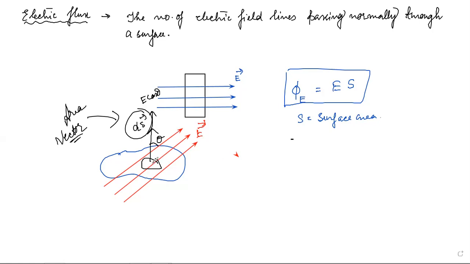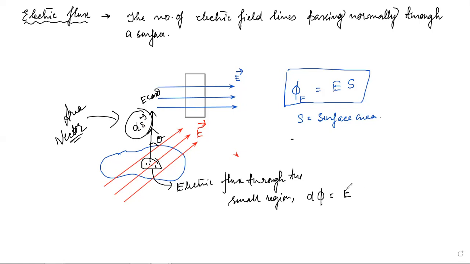Then the electric flux through this small region, d phi, is equal to E cos theta multiplied with ds, or we can write d phi is equal to E vector dot ds vector.